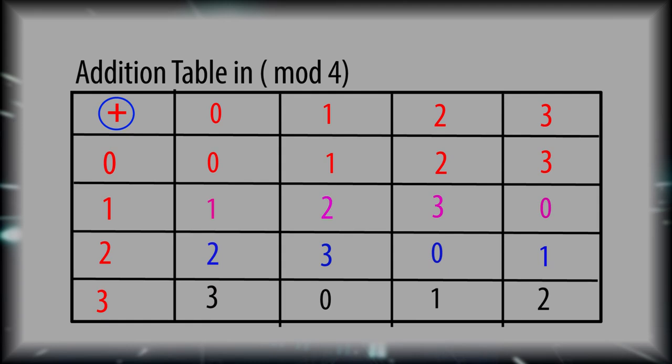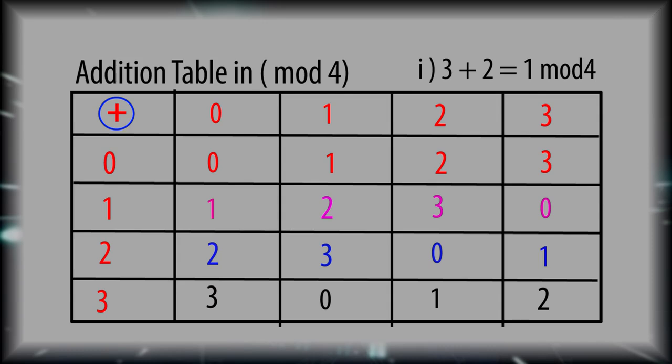Look for the first number 3 in the top row. Look for the second number 2 below the addition sign. Where the column below the 3 and the row along the 2 meet, that is where you place the answer. And 3 plus 2 mod 4 gives us 1 in mod 4. So your answer 1 goes into that box. I hope you understand it.